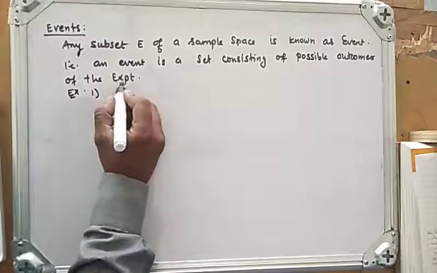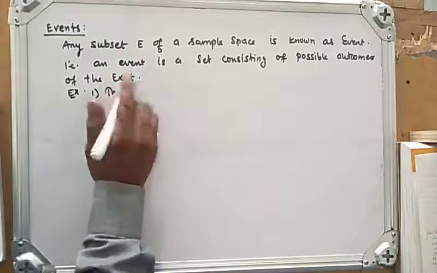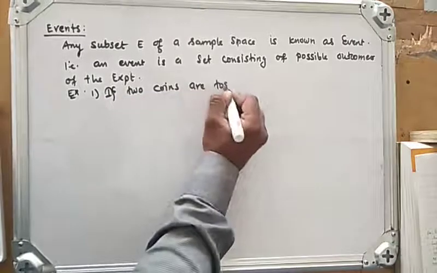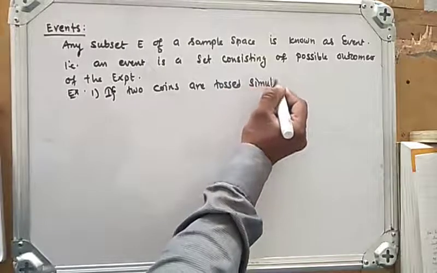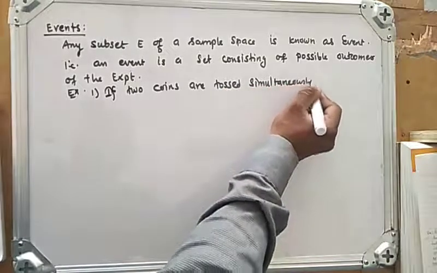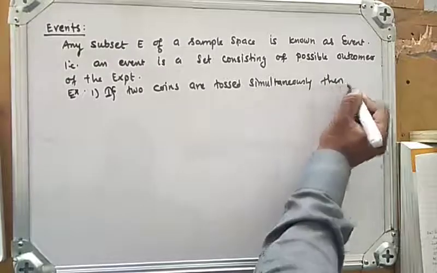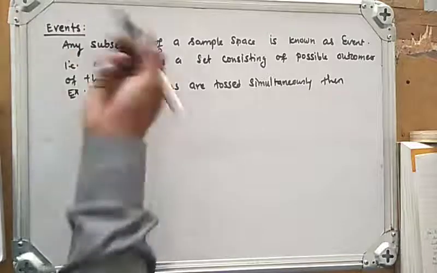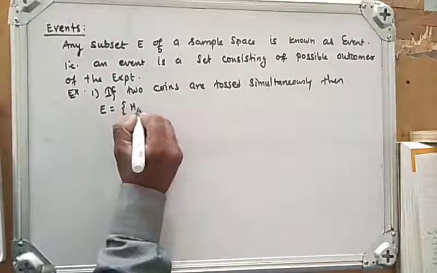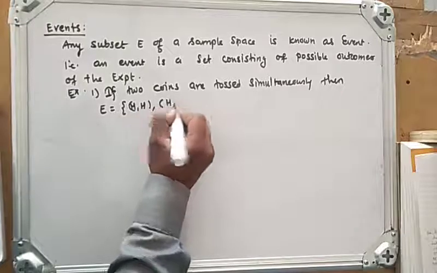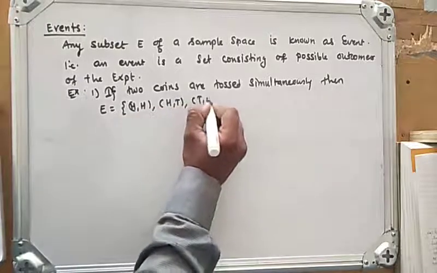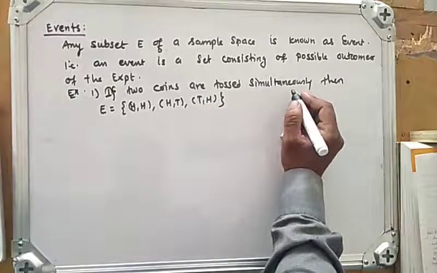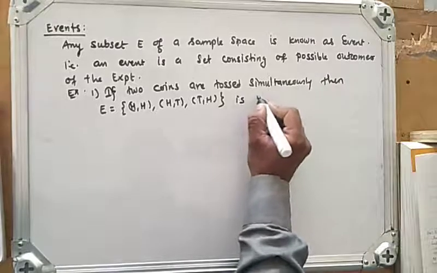First, if two coins are tossed simultaneously, then E is a subset of the sample space. HH, HT and TH would be the event that at least one of the coins shows heads.